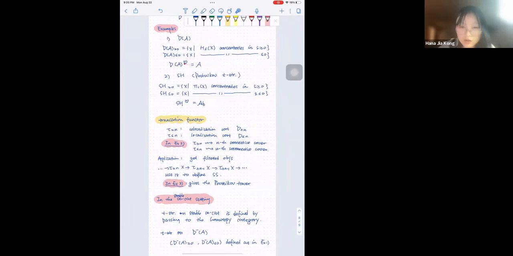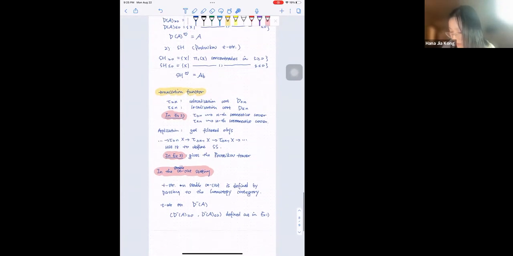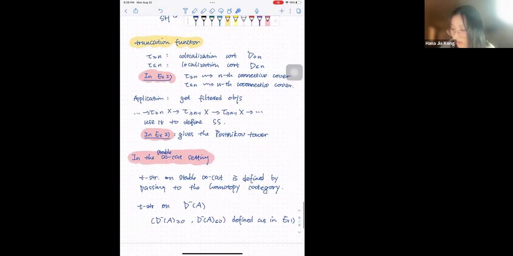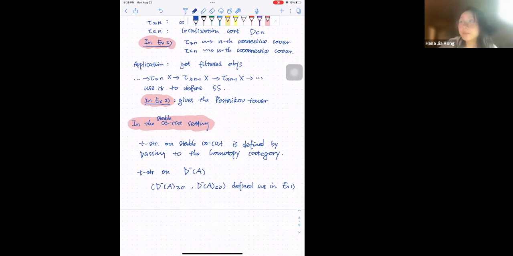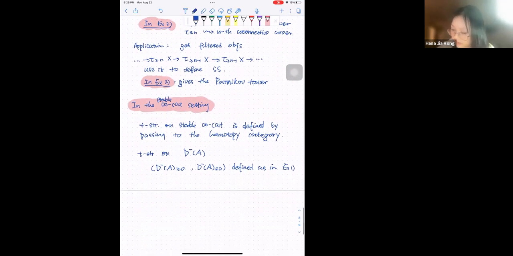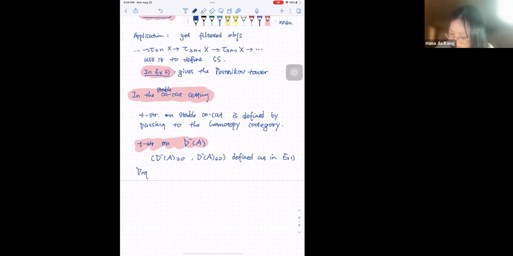So we just take this definition, and that gives you a t-structure on the infinity category of the derived category of A. And as expected, if you take the heart of this t-structure, then that would be the infinity category associated to the abelian category A.